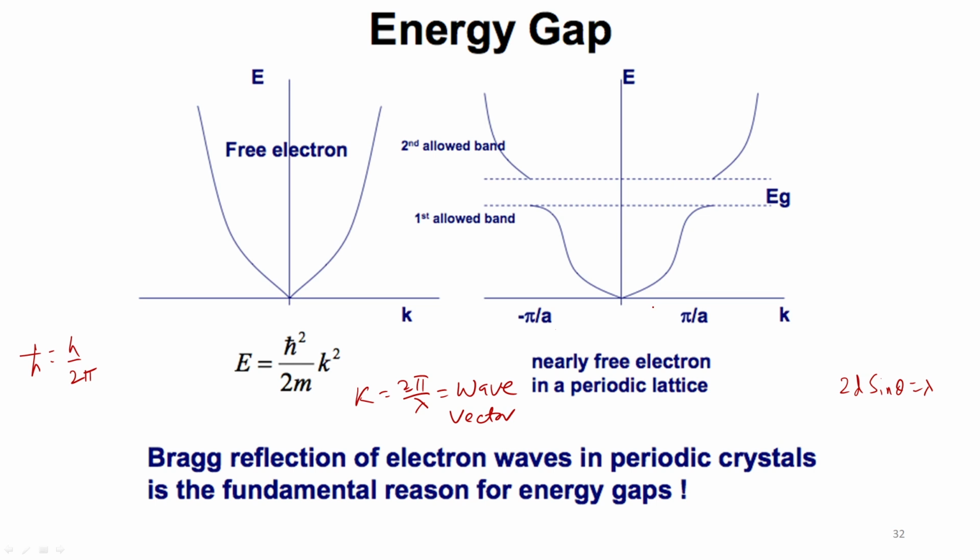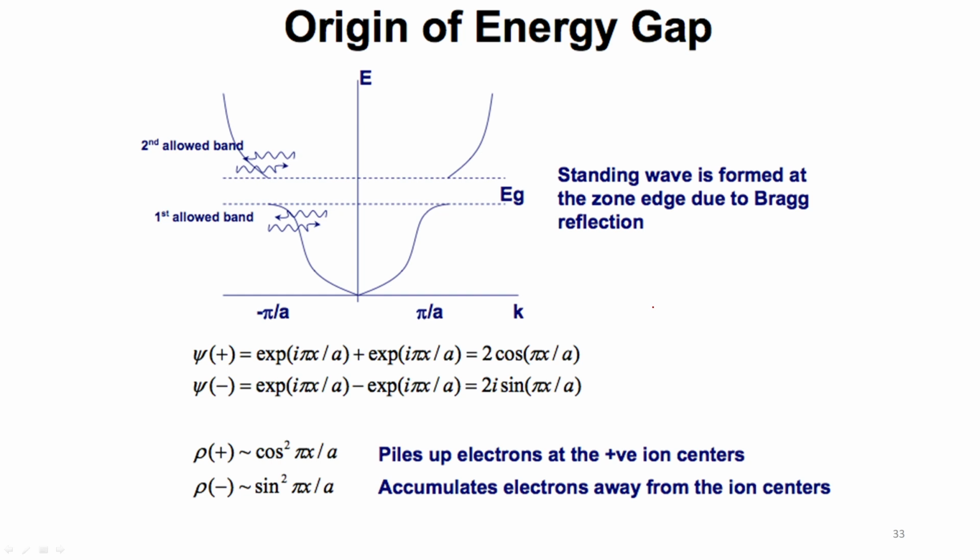That can explain the concept of energy bands in the material, and this is very important in semiconductors. You can change the energy bands very easily. I do not want to discuss further, but one can easily do quantum mechanical calculations and show how this energy gap forms because of the standing wave formed at the zone edge due to Bragg reflections. I am talking about Bragg reflection again because it is nothing but electron diffraction.